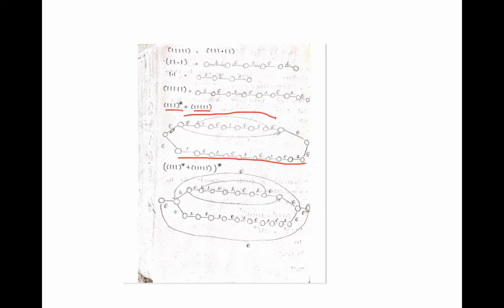For a plus b, we need to use this notation. The upper part is considered as a and the bottom part is considered as b. Here a is (111)* and b is all 5 ones. So we got this. Now we need to apply star on this complete result, and if you apply that star, you will get the result like this.